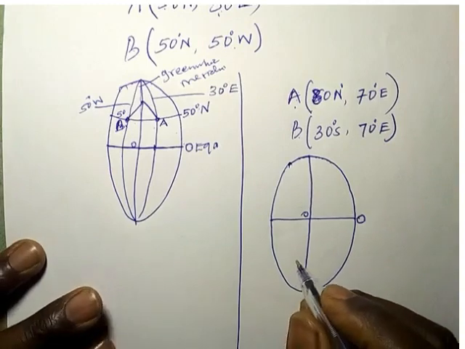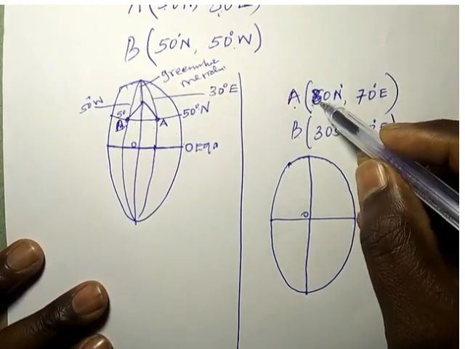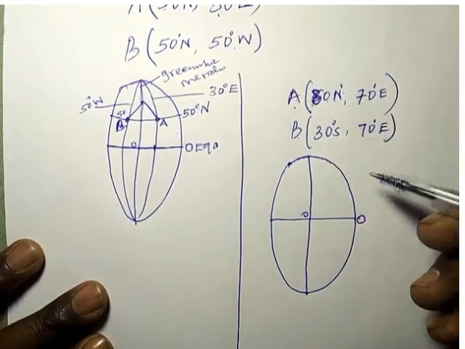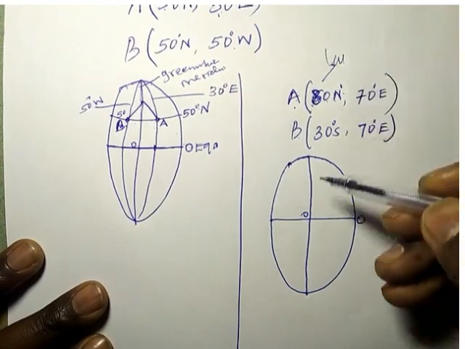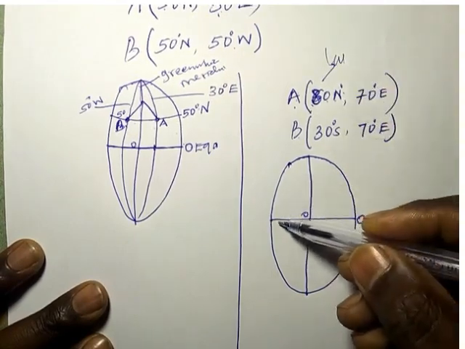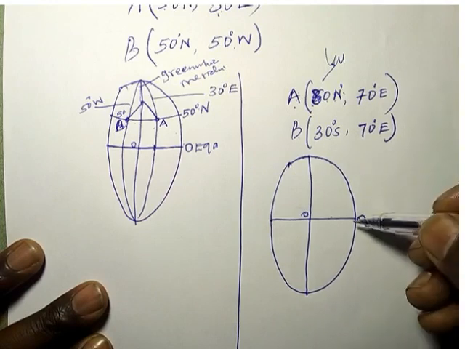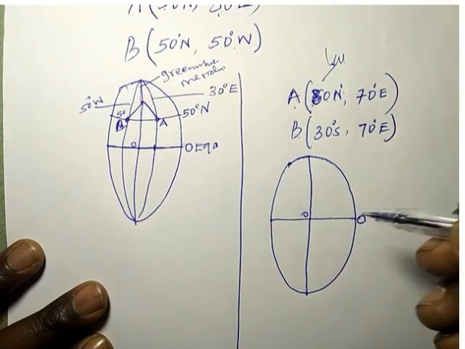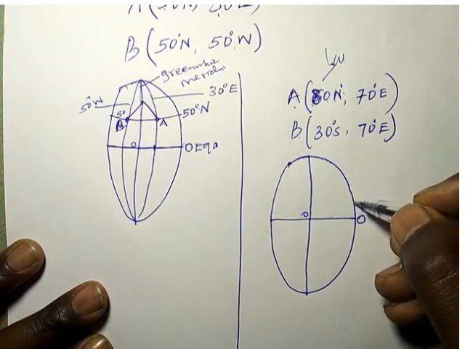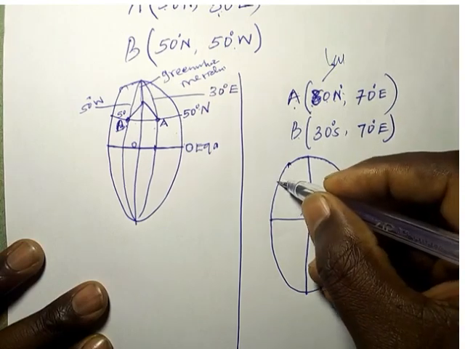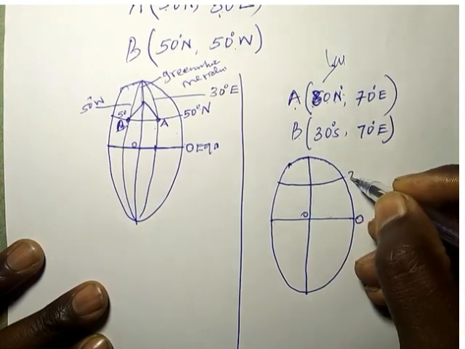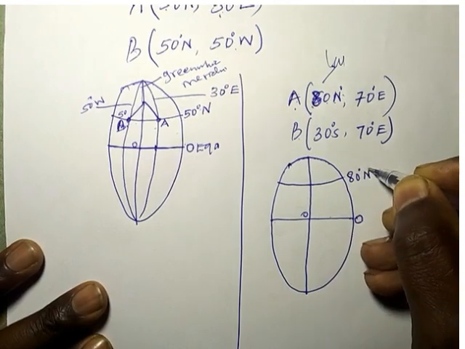degrees. So we have this point A, which is 80 degrees north. So this is, remember, the latitude. So the latitude we compare with the equator. So north, it is up the equator. So that will be 40, 50 somewhere here. This one is 80 degrees north.